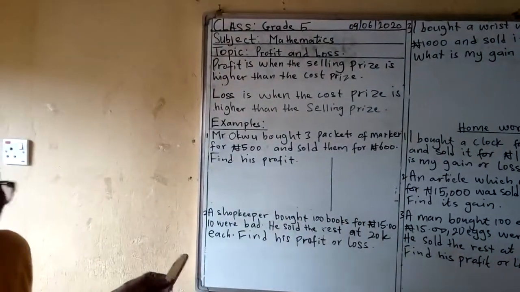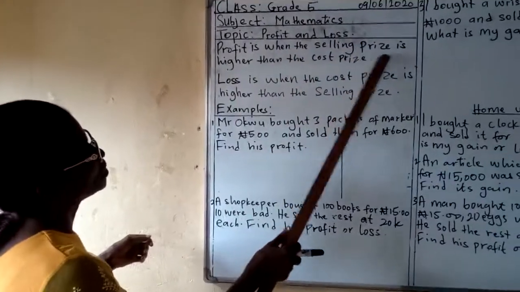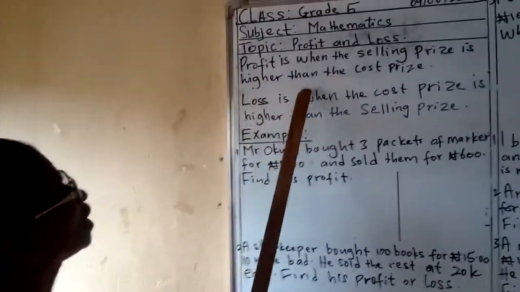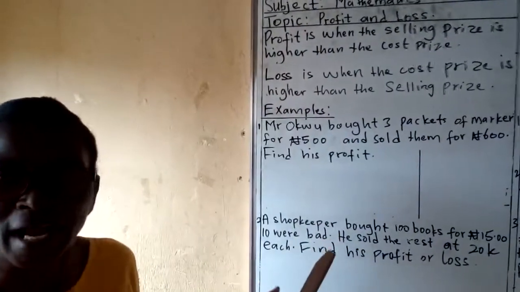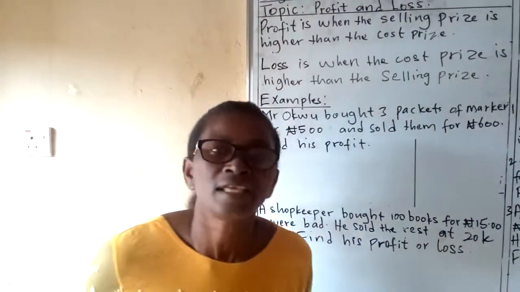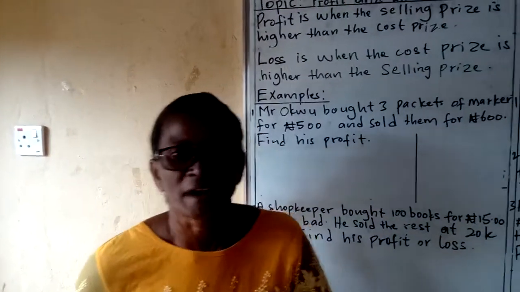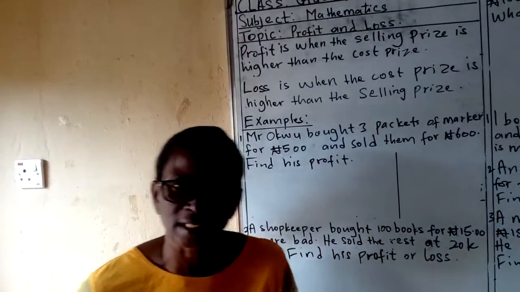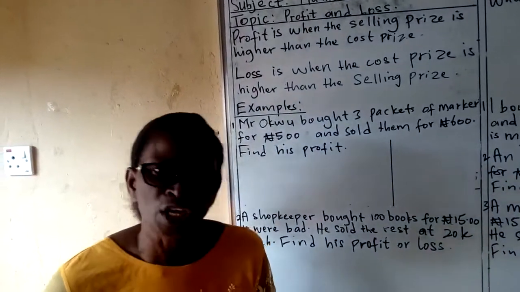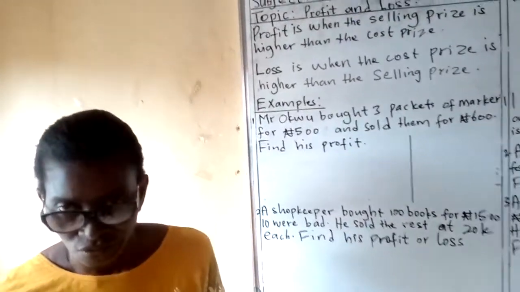Children, what is profit? Profit is when the selling price is higher than the cost price. I know that some of you, your parents are traders and have their business selling and buying, in which they make profit and at times loss.